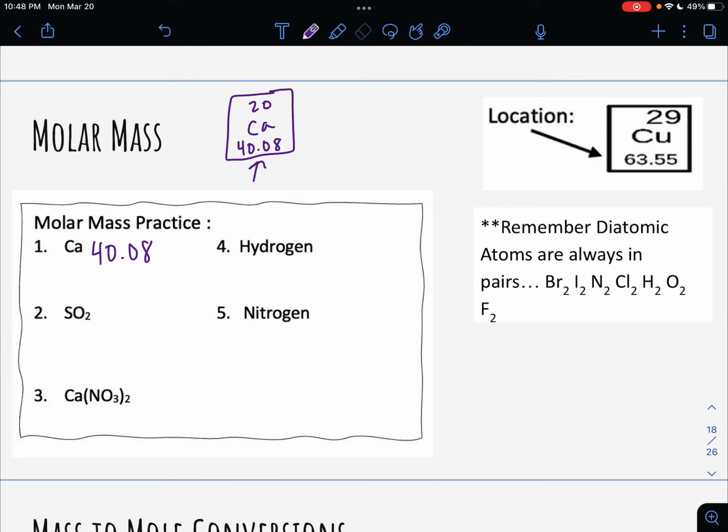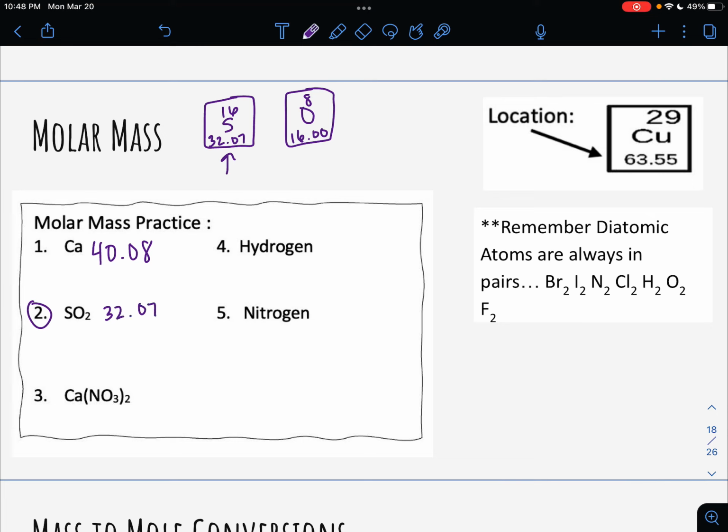If we're going to look at the next one, SO2, so just so you can see what I'm looking at, sulfur, and then we have oxygen. If I have 1 sulfur, that means the mass is 32.07.